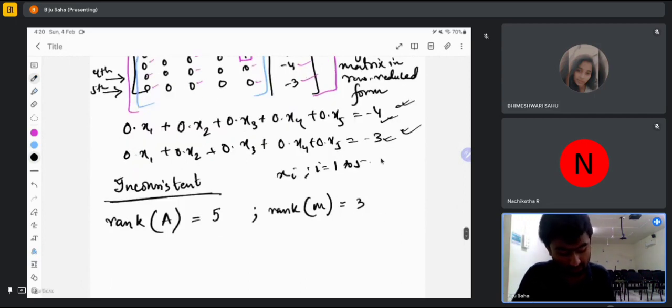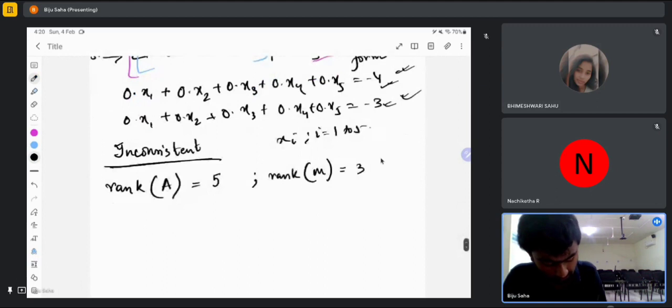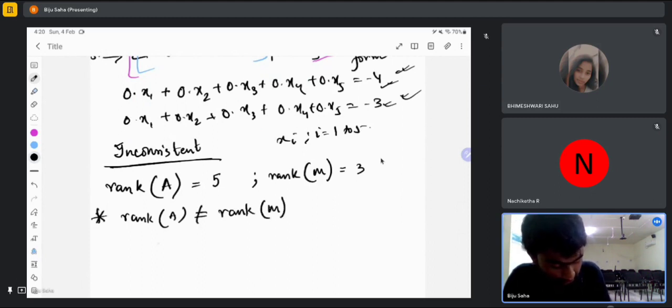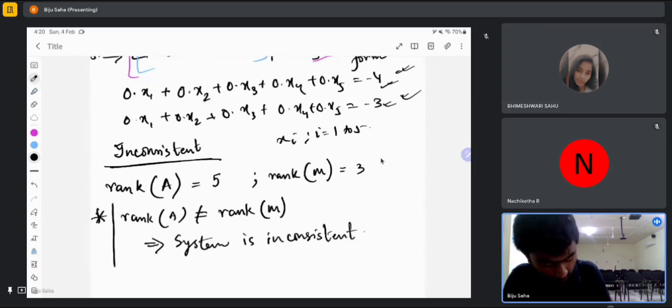So here you come to one inference: if the rank of the augmented matrix is not equal to the rank of the coefficient matrix, the system of equations is inconsistent. This is a very important conclusion.